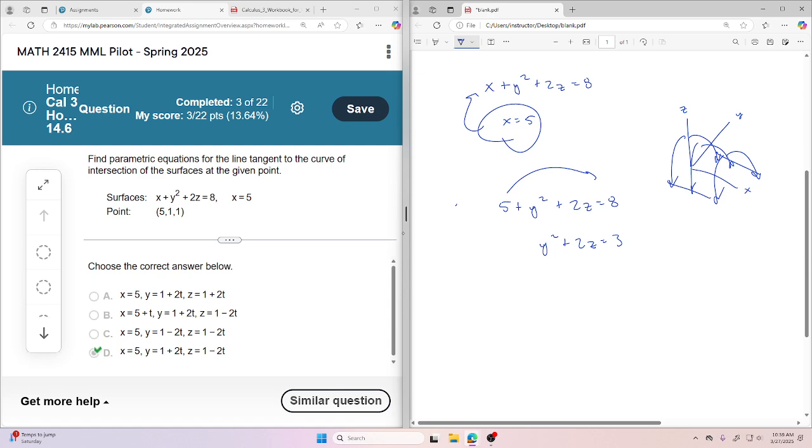See, I can't plug in a 5 because there's no x anymore. Yeah, if I plug a 1 and a 1 in, I get a 3. The 5 is already kind of gone, right? Because we already did that. So it's pre-computed. So 5, 1, 1. So 5 for my x, 1 for y, 1 for z. It's not to scale obviously, but it's something like on the edge over here. Okay, so that's what we're looking at.